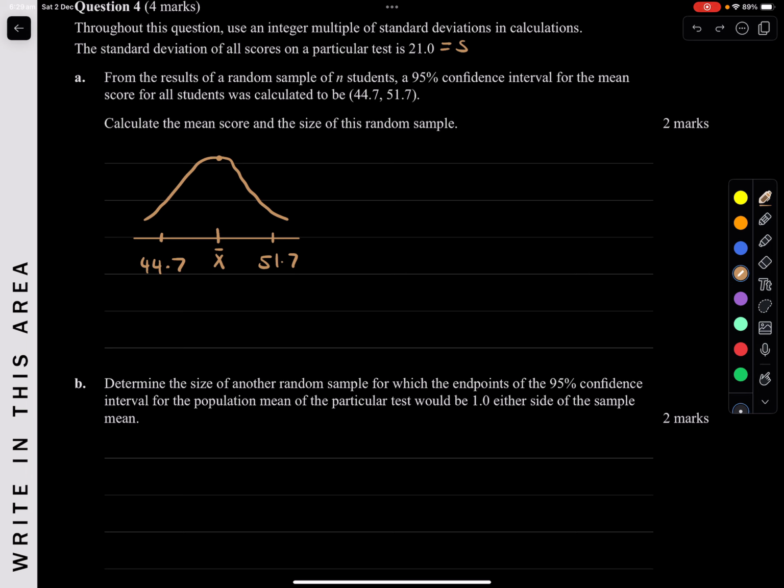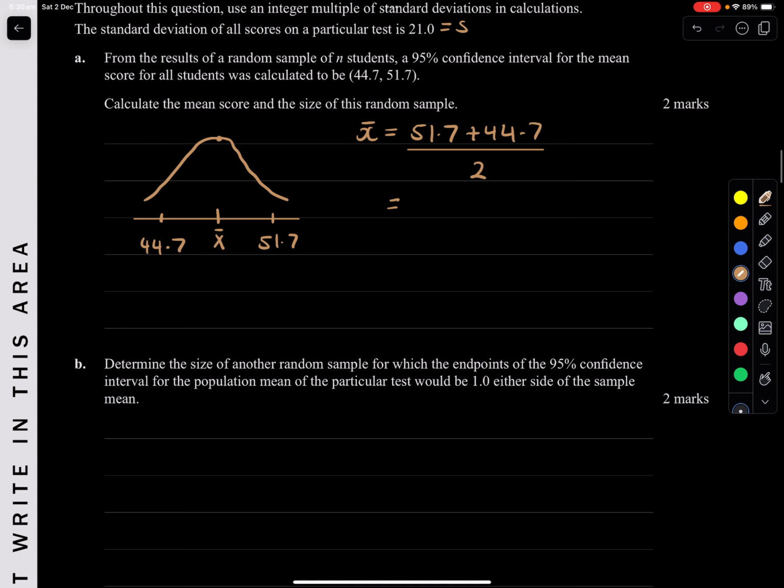So that's easy. Just add these two and divide by 2. That should give us the mean. So your mean is 51.7 plus 44.7, all divided by 2. That's 96.4 divided by 2, which is 48.2.